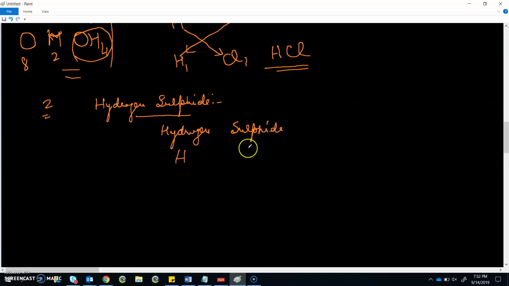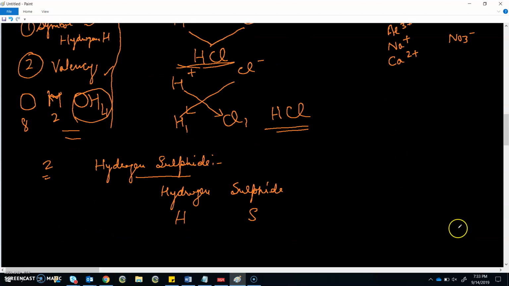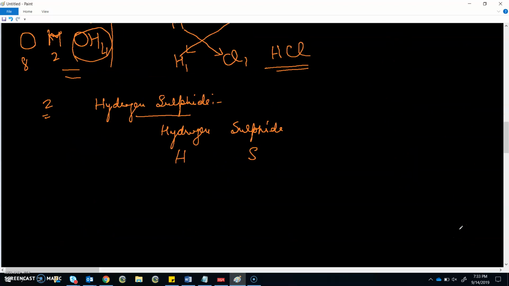Hydrogen is H, sulfide S. First step is writing the symbol, and the second step is writing the valency. What is valency of H? 1 plus, and sulfide is 2 minus. Now write here 1 and 2. Now here it is plus 1 and here 2 minus.